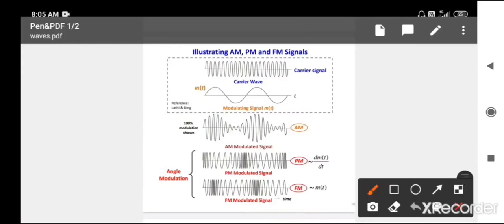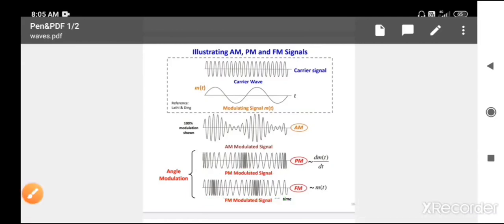So here it has some high frequency, then low frequency, then high frequency and low frequency. Similar to this, the PM signal is also in the same manner. We will see this in detail when we go into the PM equation.